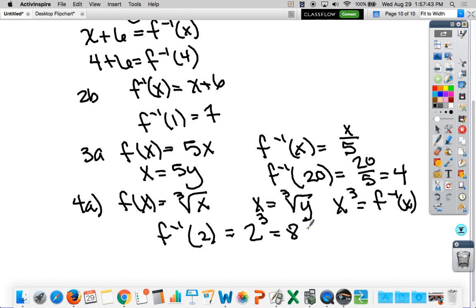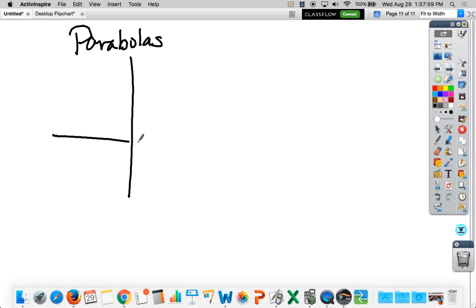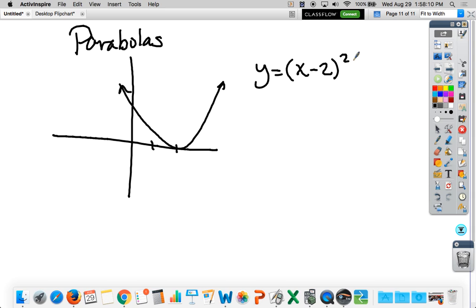Okay, so what I want to explain right now is a little bit about parabolas. This is going to become a bigger part. So I'm going to draw this, and I want you to draw this for me. There's the function.